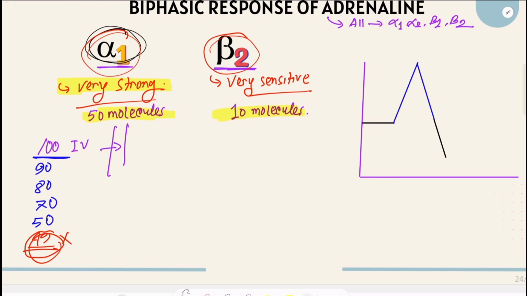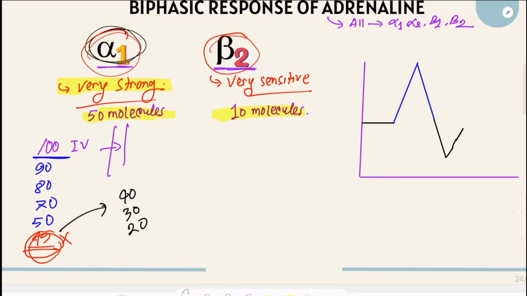Now these 49 molecules of adrenaline will further get metabolized. So it will go back to 40, then the blood pressure will tend to go back to normal a little bit, then it will go to 30, then another little bit of increase in blood pressure, then 20, then another little bit of increase.